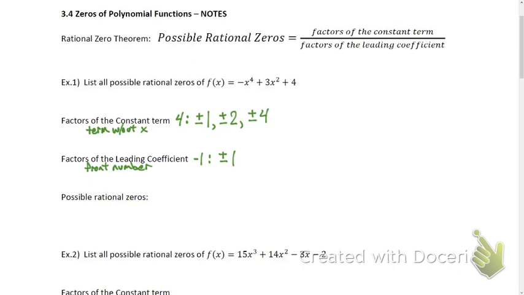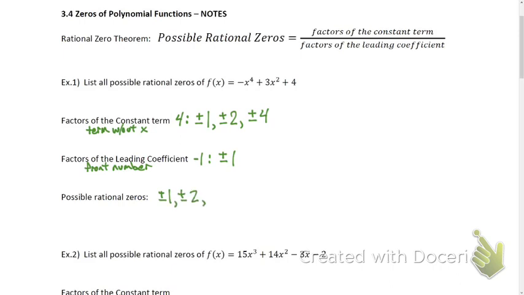So I need to take every factor of the constant and divide by every factor of the lead coefficient and list them all out. Now this is really easy because the factors of the lead coefficient are plus minus 1. That means when I divide all those constant factors by plus minus 1, there's no change. So I just write down the factors of the constant.